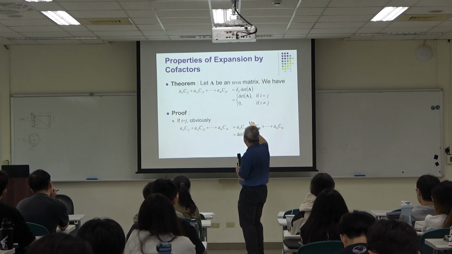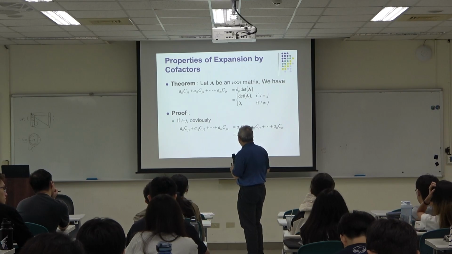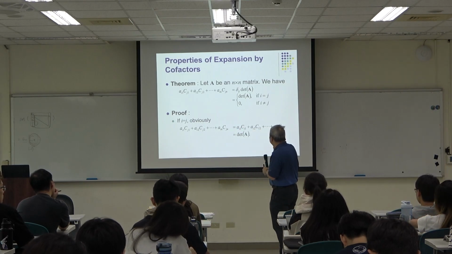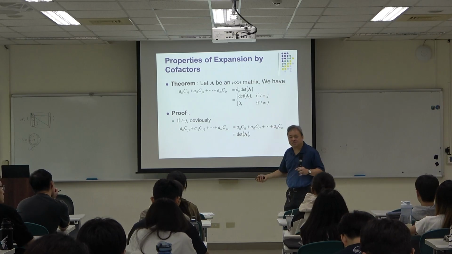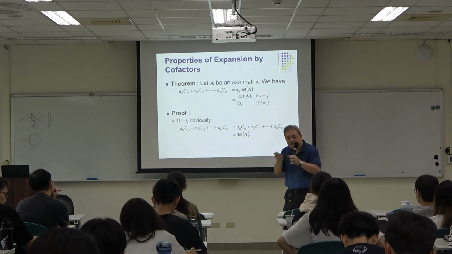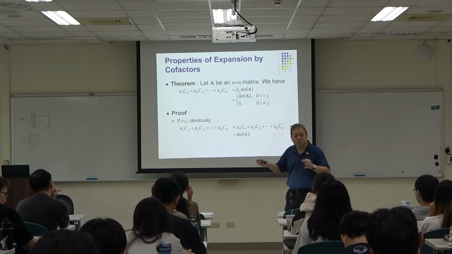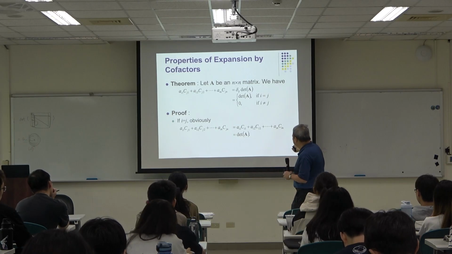Okay, it's going to be either the determinant of A if I go to J. Obviously, that's the case, right? Because if I go to K, it becomes the definition of the determinant of A, right? So this is obviously true.